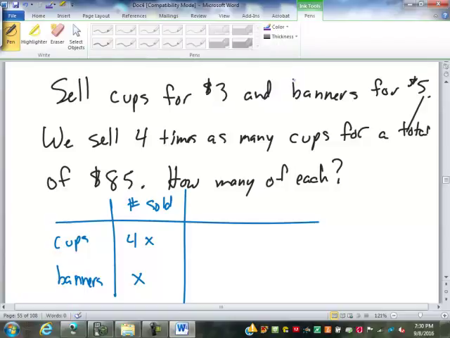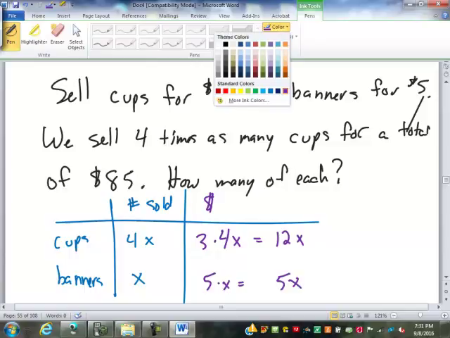Then what? Do our dollars sold. For cups, what are we going to do with cups? 3 times 4X, which is 12X. Banners. 5 times X is just 5X.